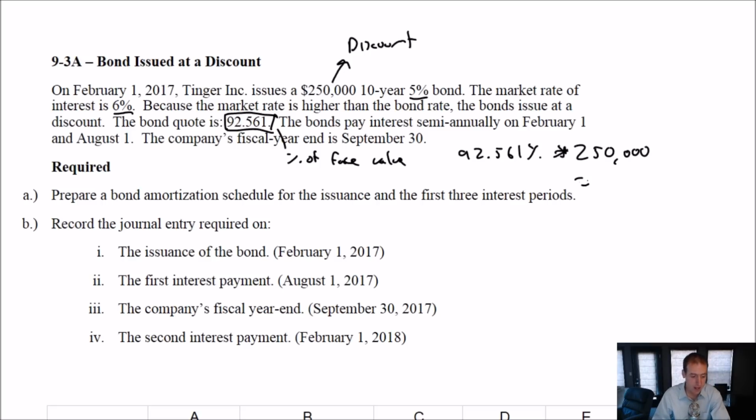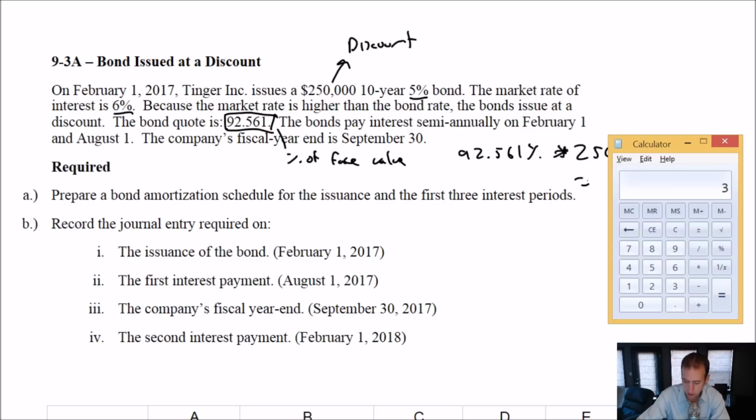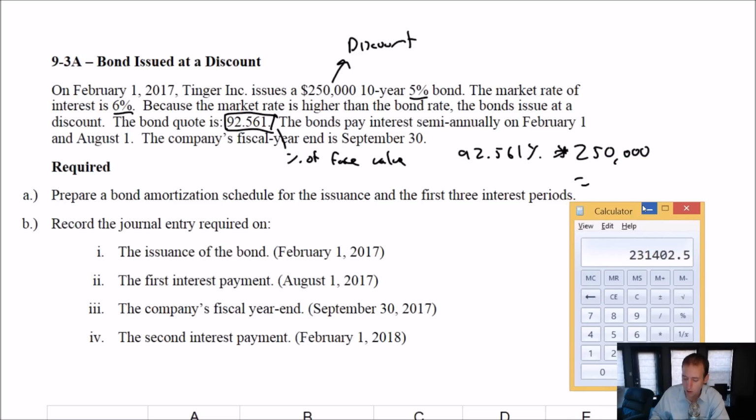How much is that? 0.92561 times $250,000. I got paid $231,403, rounding up. That's how much money I got paid for my bond.